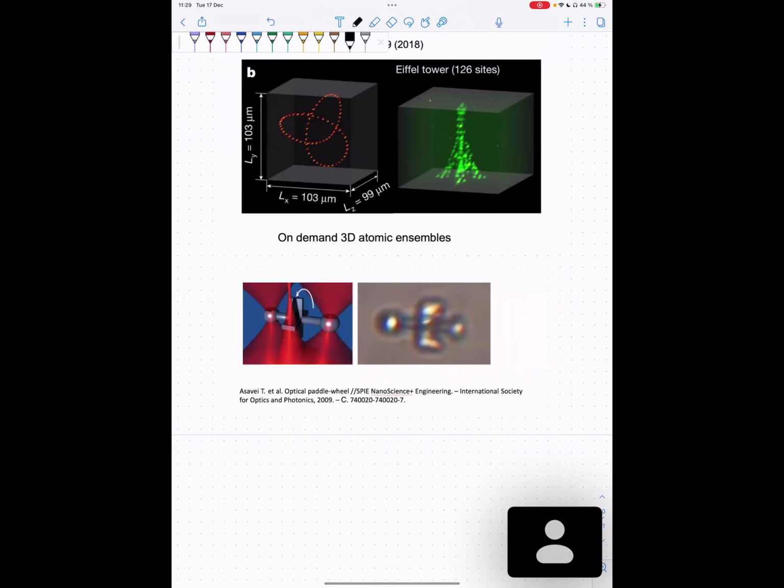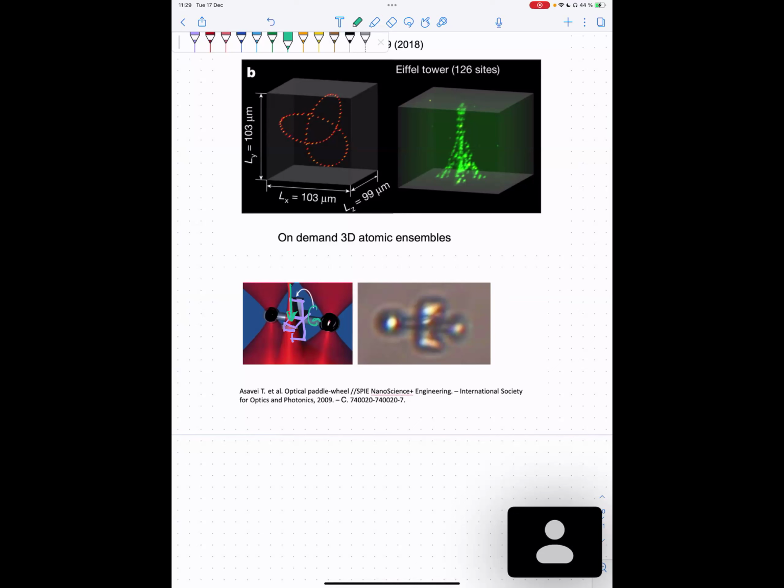You have the structure with these two big dots, which you put into two optical tweezers, and you have something like a propeller, I don't know how to call it. You shine light on this part, and it starts to rotate.